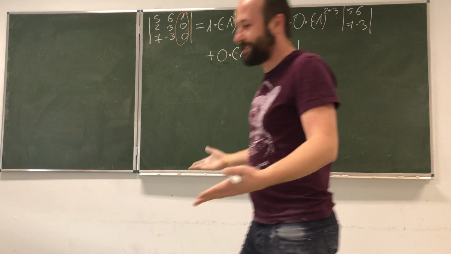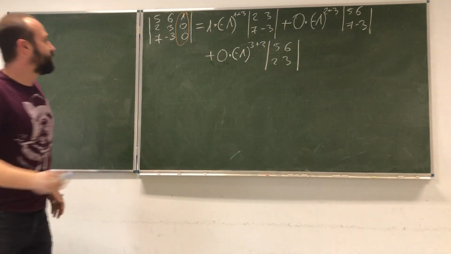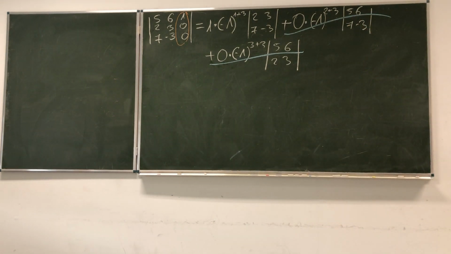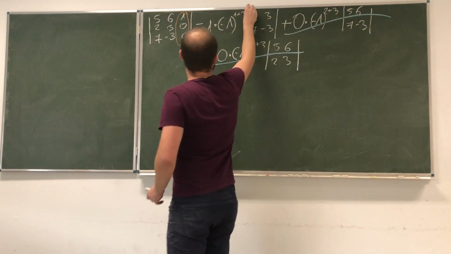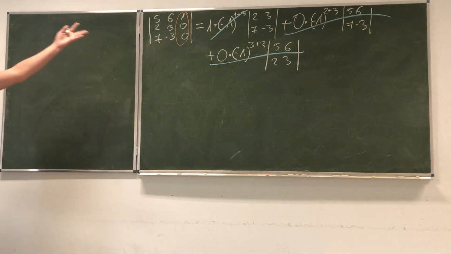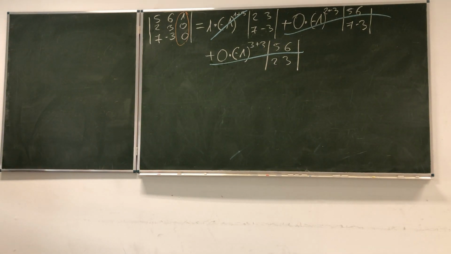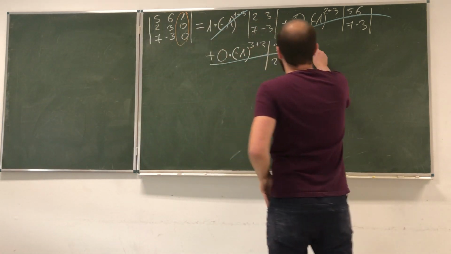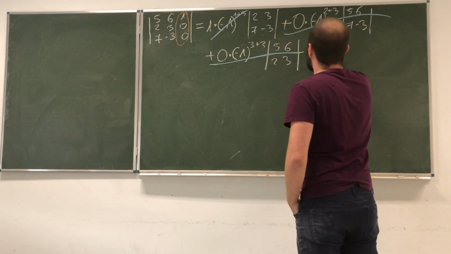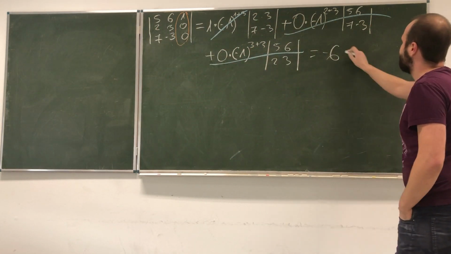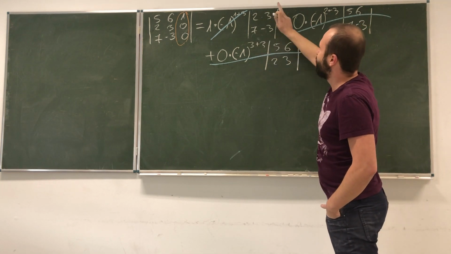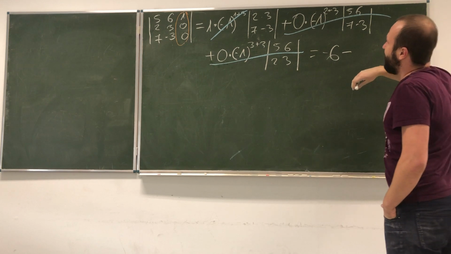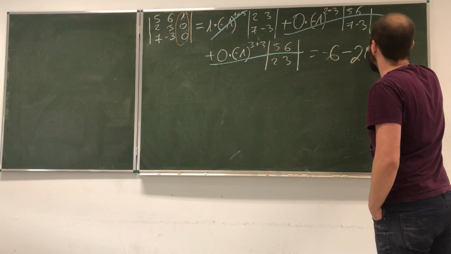Okay, now we clearly see that we don't need this and this expression because those are just 0. And we don't need this as well, right? Because 1 plus 3 is 4, so we get just 1. All we need to do here is to calculate 2 times negative 3, which is negative 6, minus 2, 7 times 3, which is 21.